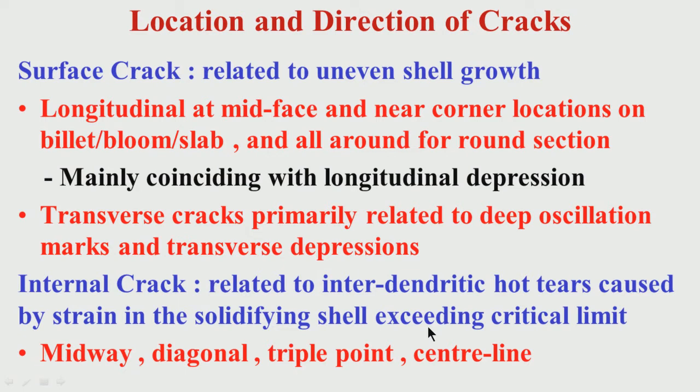So as I have mentioned several times, the solidifying shell, during solidification and even after that, is undergoing some strain, a lot of strain. Strain can come from different sources I have mentioned. From the ferrostatic pressure, that can be one type of strain. From the shrinkage, there can be another type of strain.